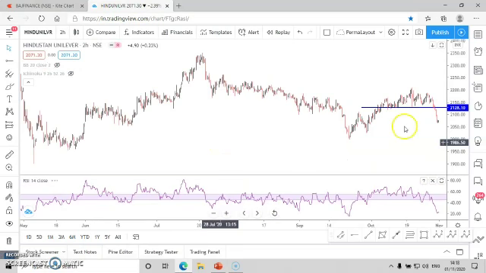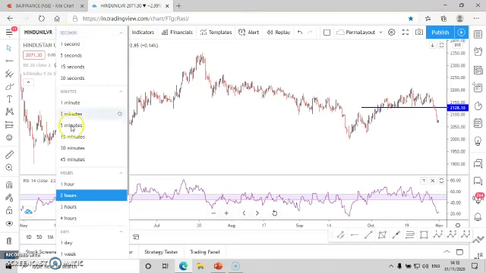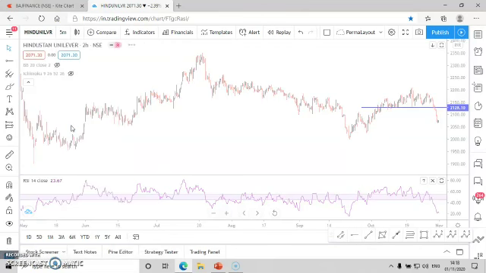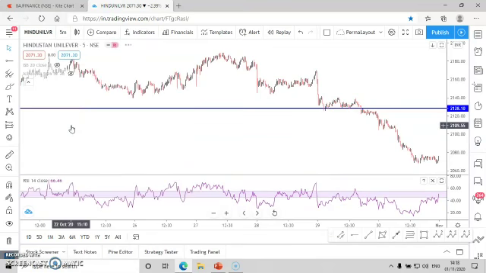Now it is a 2 hour chart, but this is what had happened the previous day. A decent support was broken and the price had closed below a decent support. So what I wanted to do was to short it in the morning itself, because the moves in the morning are fast, as we said. So let's go to the 5 minutes chart and see what happened.